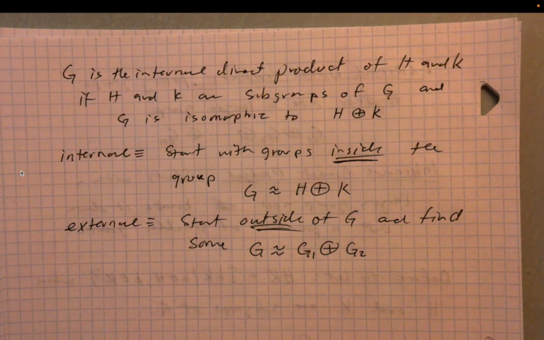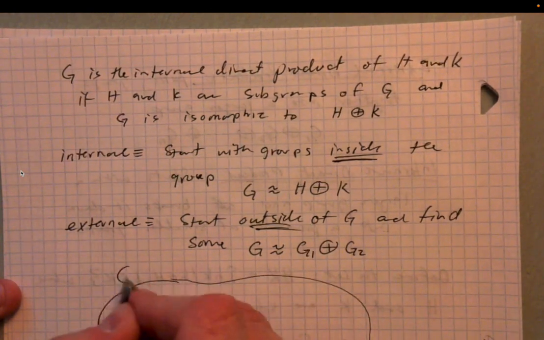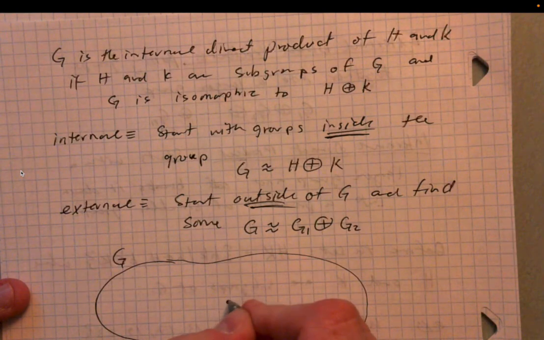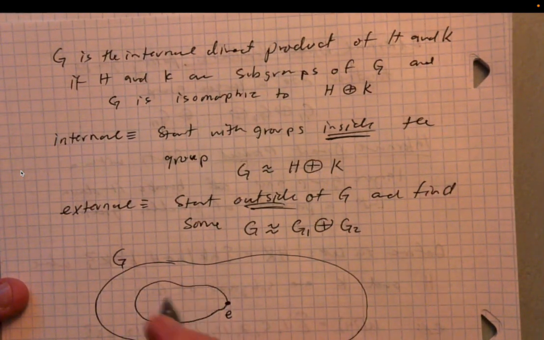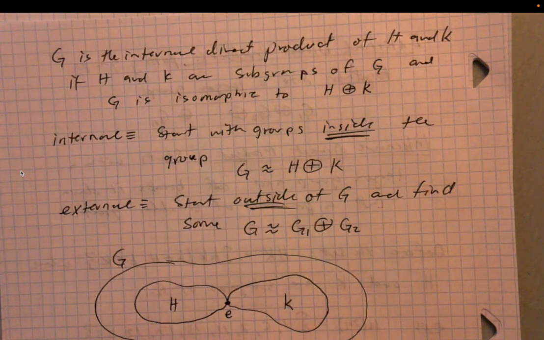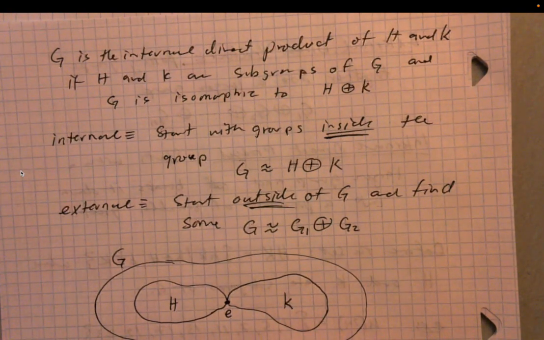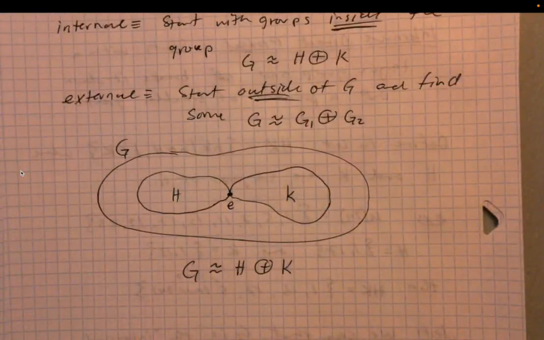Okay. And so you can think of it like this. If I have some group G, the identity's in there somewhere, right? And then I've got some subgroup H, and I've got some other subgroup K, and G needs to be isomorphic to H direct product with K. Right?